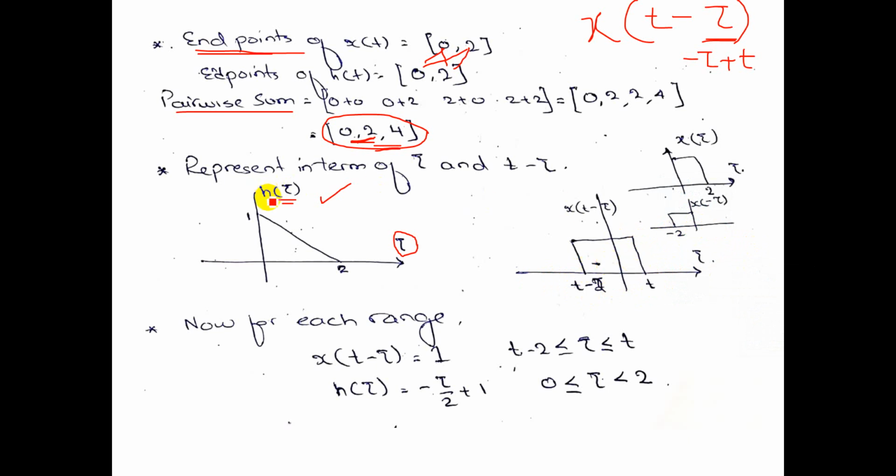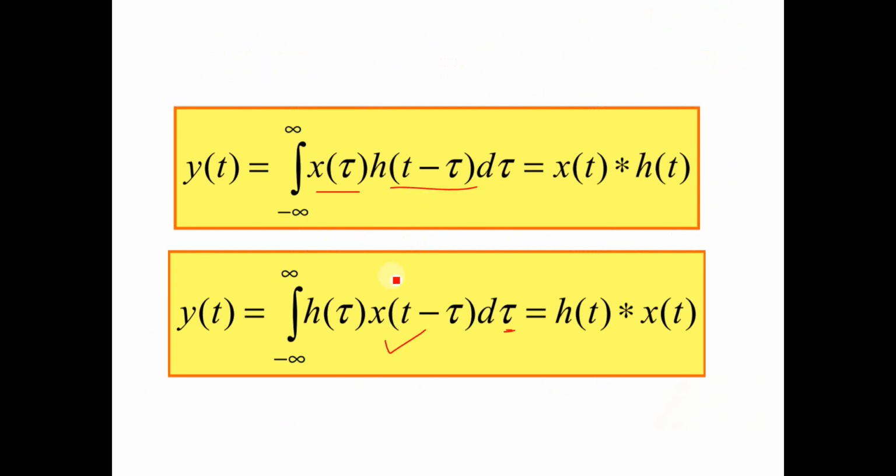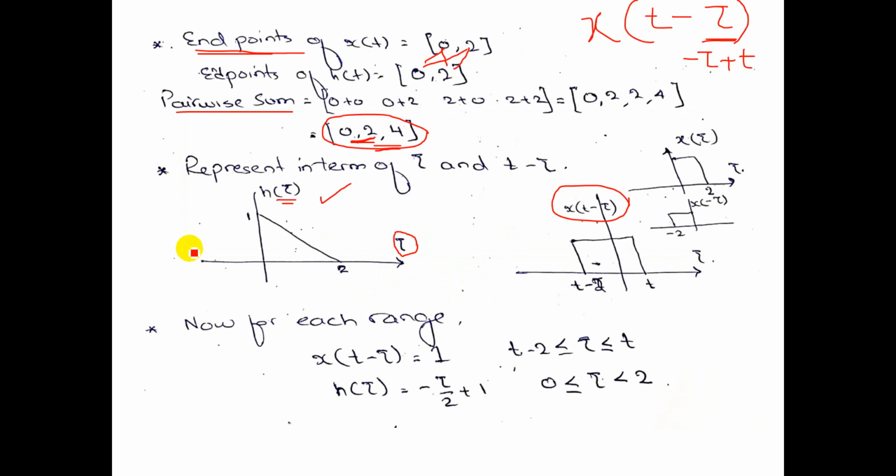Now I have the two signals, h of tau and x of t minus tau, which I'm going to use for my convolution. As I have a formula here, I need the functions x of t minus tau and h of tau. So x of t minus tau is a constant value, I think this is 1, between t minus 2 less than tau less than or equal to t.